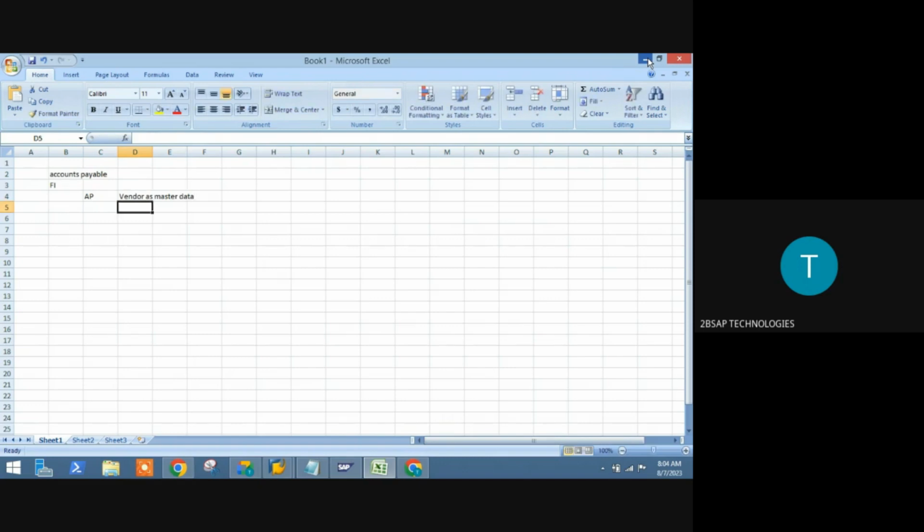So is it possible to do any transaction without master data? No. Okay. So if you want to do any financial transactions in SAP, master data is mandatory. Now, from the AP point of view, you are going to use your vendor master, and your vendor is a subledger in SAP.